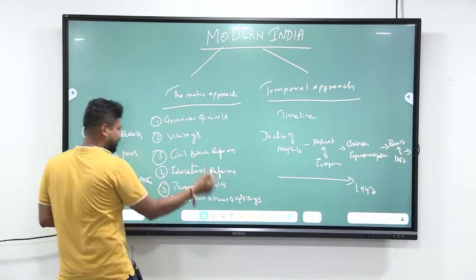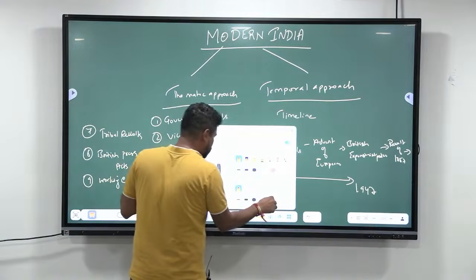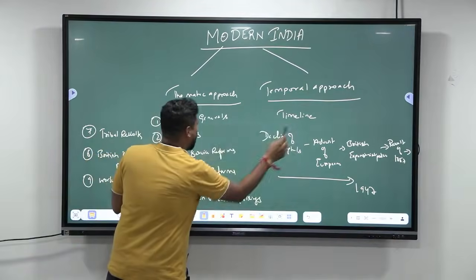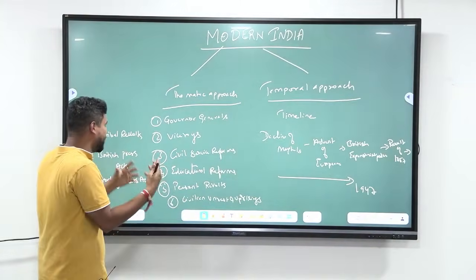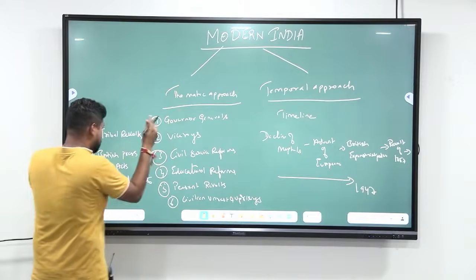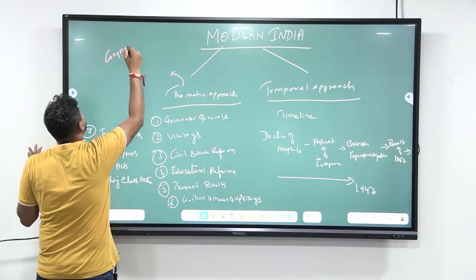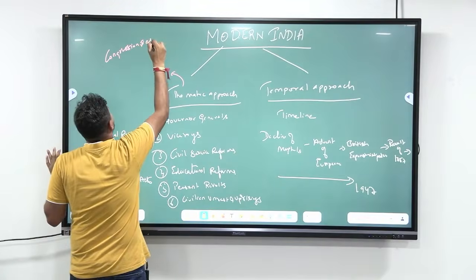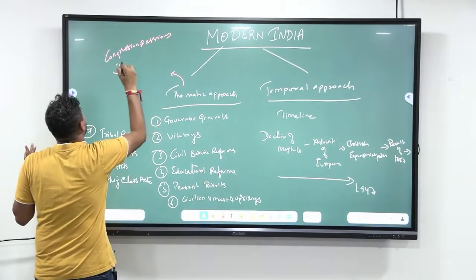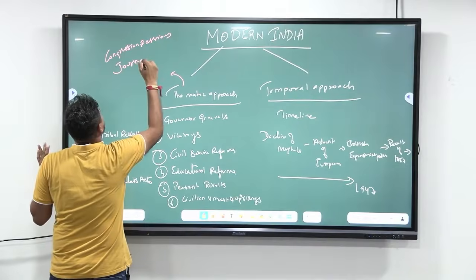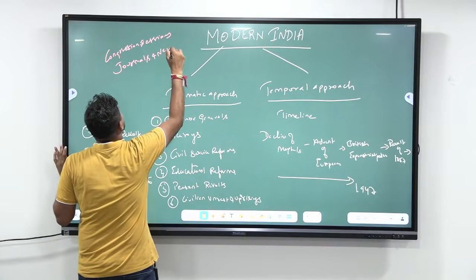In this episode I'm going to show how to use mind maps on these themes. That is the idea of this particular episode, but this is not an exhaustive list. You can keep going on. For example, Congress sessions. Next is important journals and newspapers.